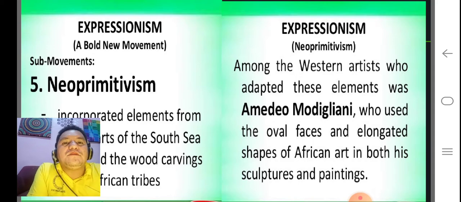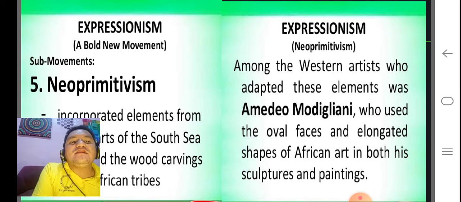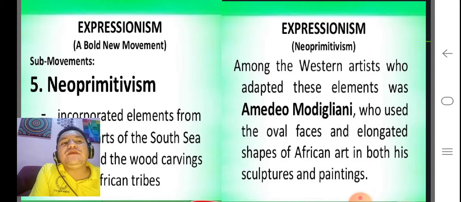Let us now talk about Neo-Primitivism. Among the Western artists who adopted this element was Amedeo Modigliani, who used the oval faces and elongated shapes of African art in both his sculptures and paintings. Ibig sabihin, yung subject na ginamit niya for painting, he was also using it for sculpture.